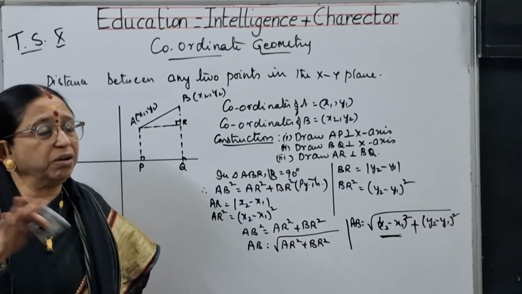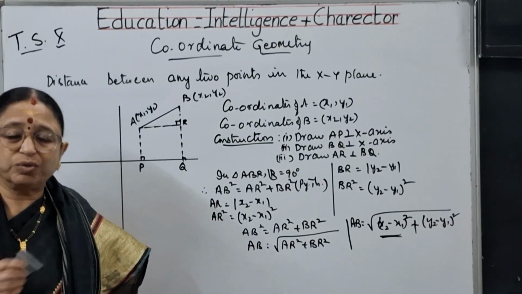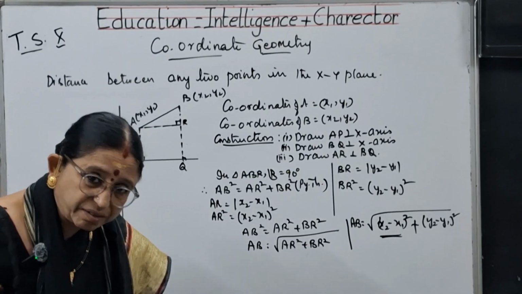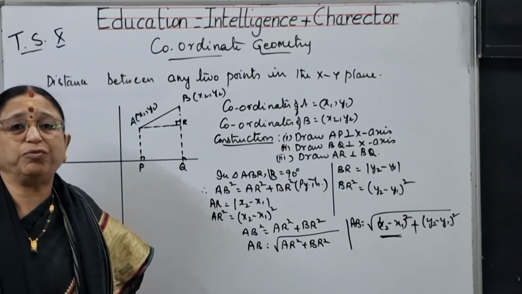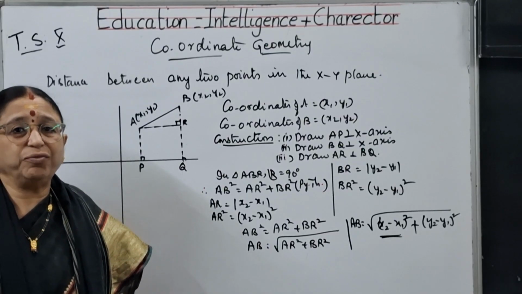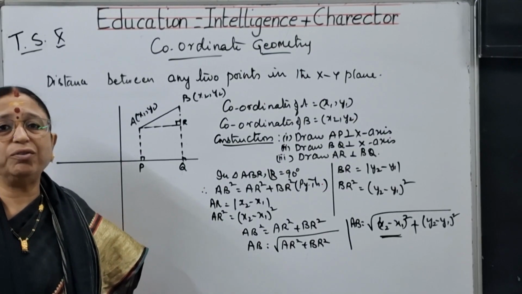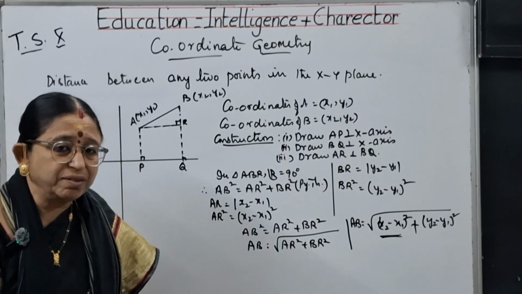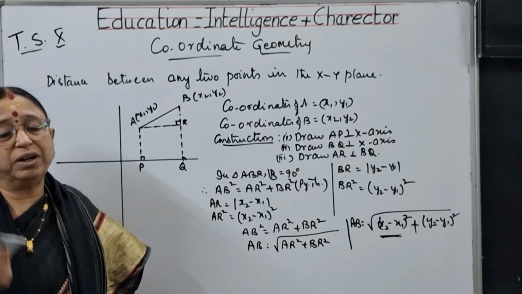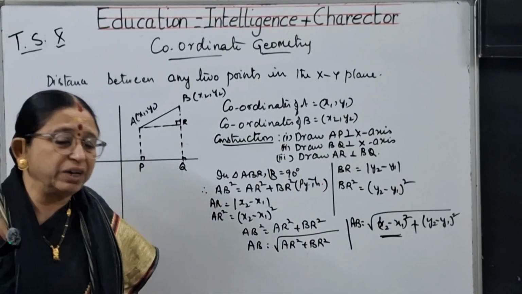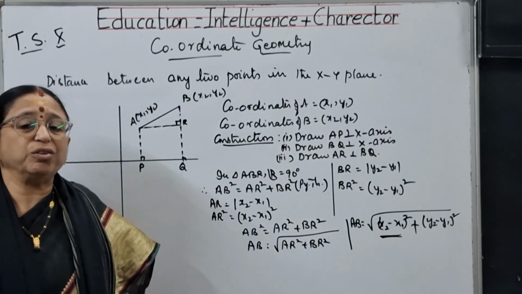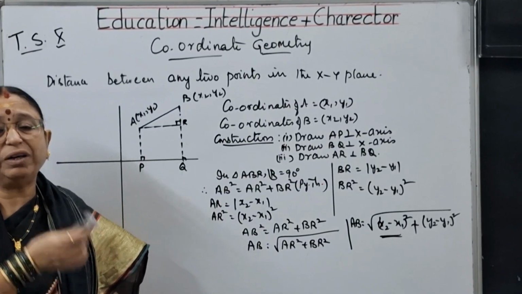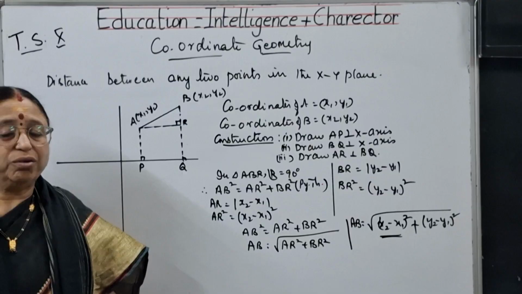Because of that, you had a different formula to solve the distance. But in this case, both the x coordinates and the y coordinates are different from each other. Since they are different, how will you find the distance? That will be done with a derivation, with the help of which you can understand the formula. This is only a derivation. In case they ask you to derive the distance formula, this you need to do, children.